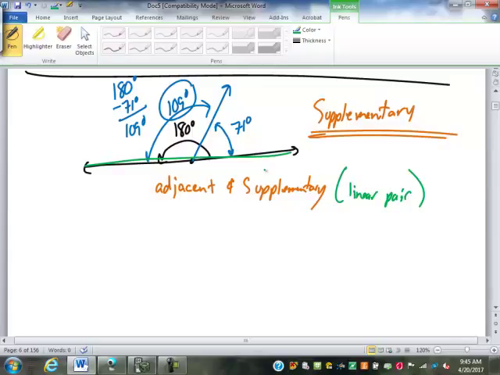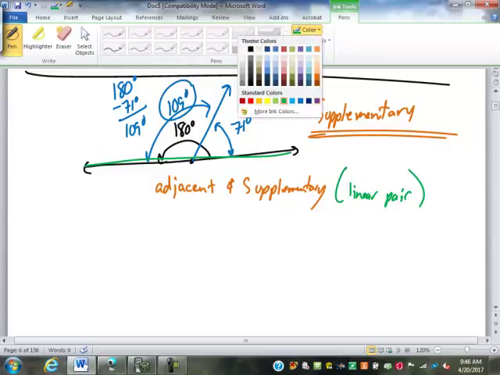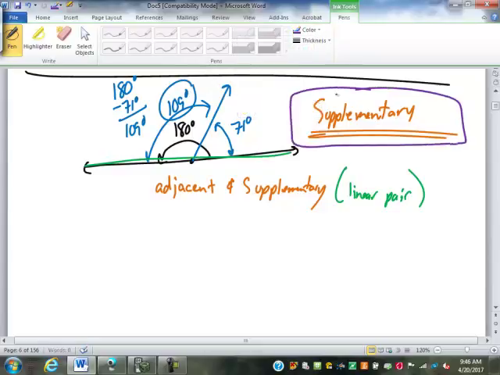If this were a formal geometry class, we'd talk about the relationship between linear pair and supplementary. You can use the fact that two angles make a straight line to say that they're supplementary, which was kind of common sense. Or you can use the fact that they're supplementary to say that you can put them together to make a straight line. For this class, the only term we're really concerned with is supplementary. We're not worried about the linear pair.